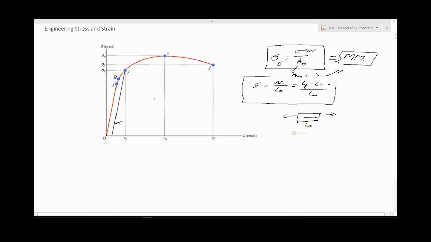After some time, when you've stretched or pulled it with a set force, obviously the cross-sectional area is going to reduce. It doesn't look like that here, but that's actually what happens. And then after you've done that, you have a final length after you've applied the tensile stress or force.